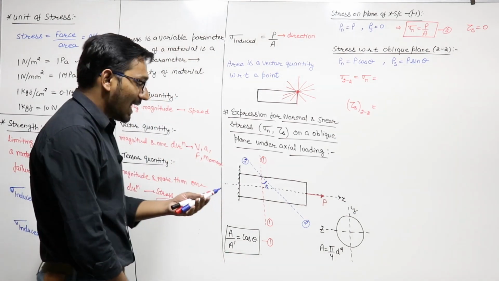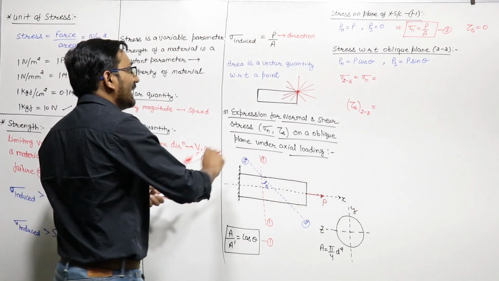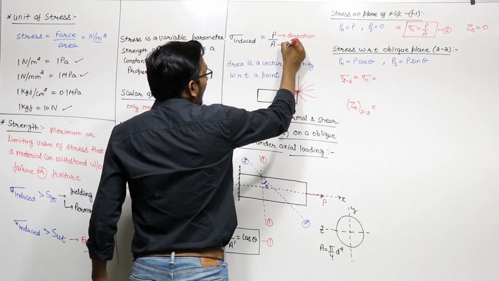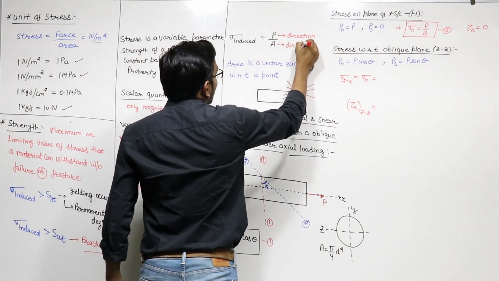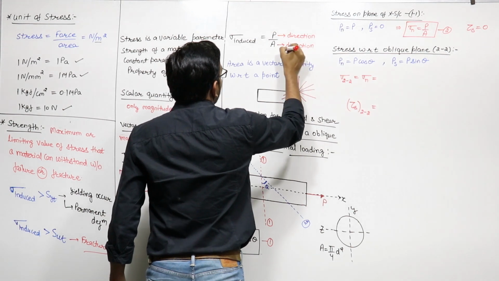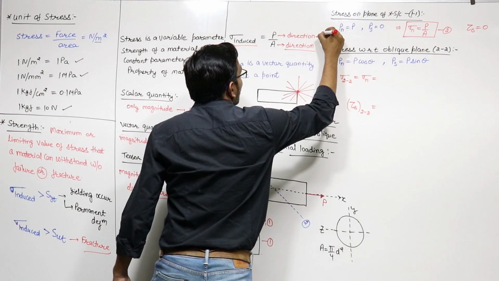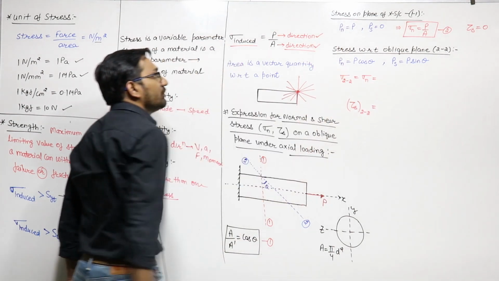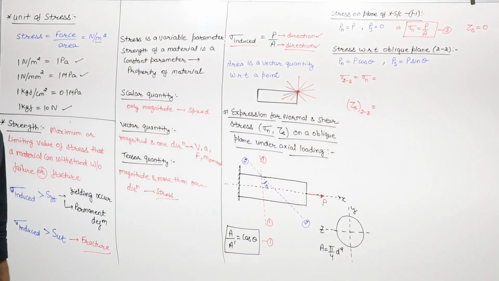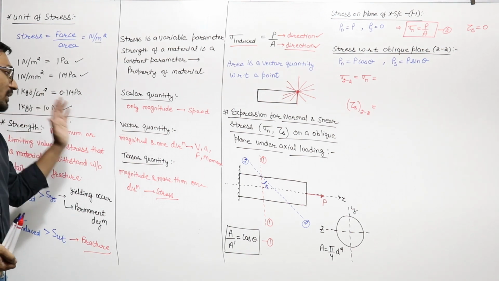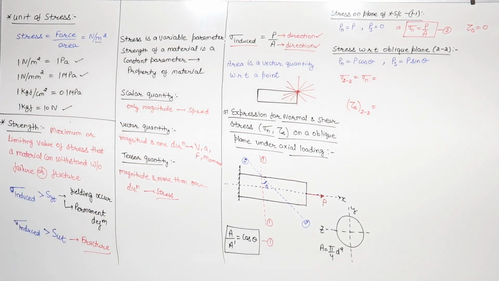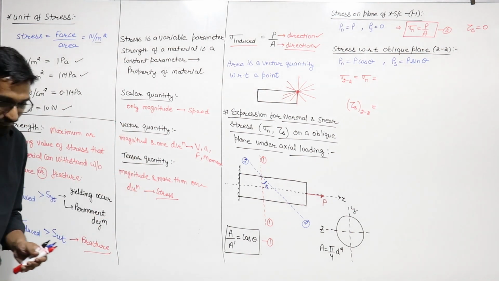This area also has one direction, so stress has two directions, one of force and one of area. That's why stress is a tensor quantity, right?